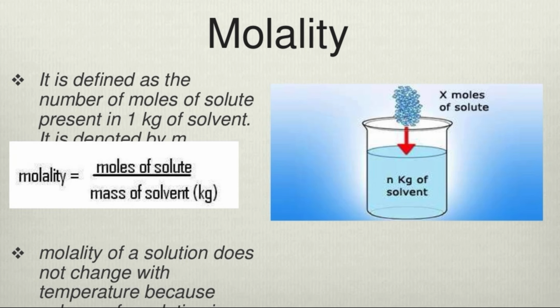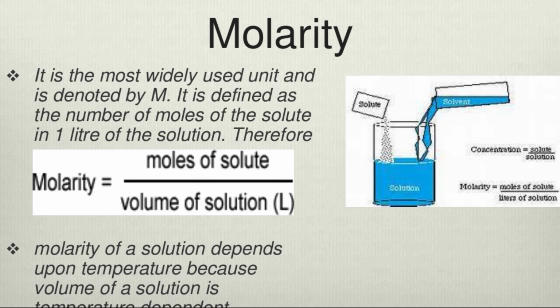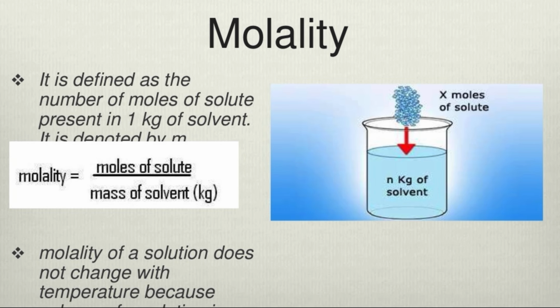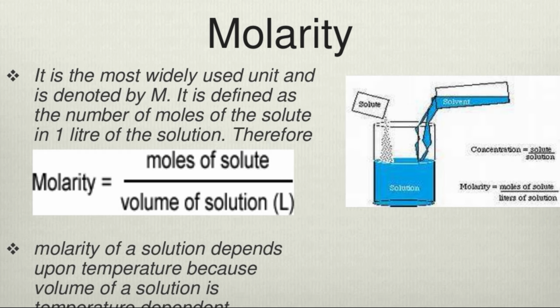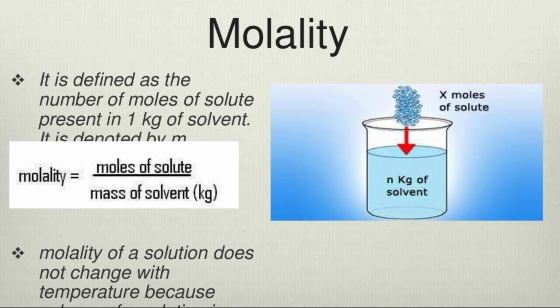Next, remember molality. Molarity is based on the volume of solution, and here molality means moles of solute per kg of the solvent. Here it is the solvent. Please don't forget it.